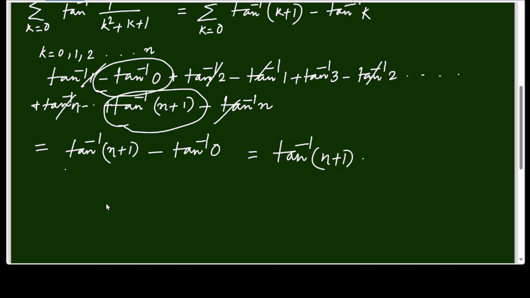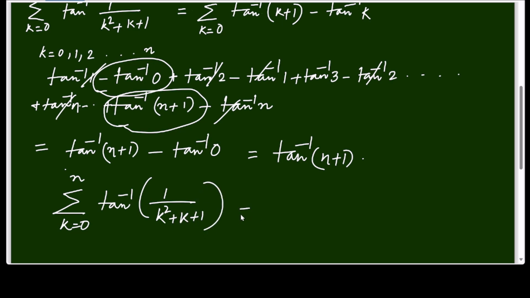So from the telescopic sum, we can find the result very easily. The summation from k equals 0 to n of tan inverse 1 by k squared plus k plus 1 equals tan inverse (n plus 1).